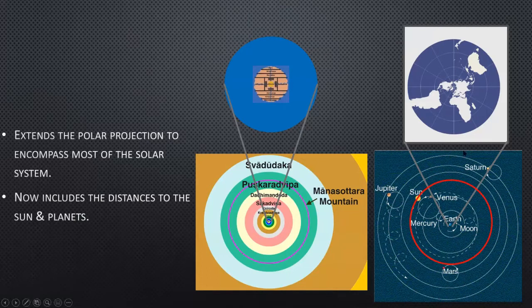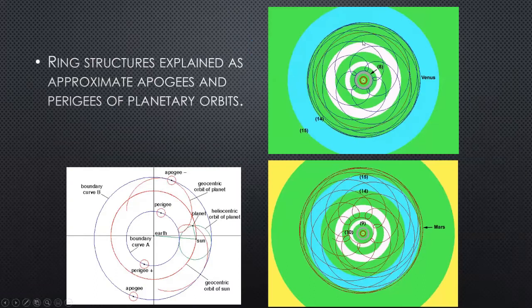And we could also see that the planetary orbits from the view of an Earth-centered model would line up with some of the features of Bhumandala.